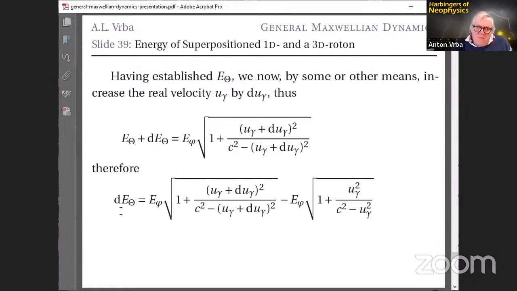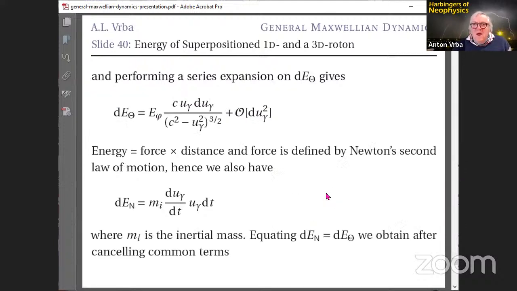Therefore, the delta energy evaluates to this, which is just simply that minus that. If I do a series expansion on it, I get, let's call it delta E, equals this term here.